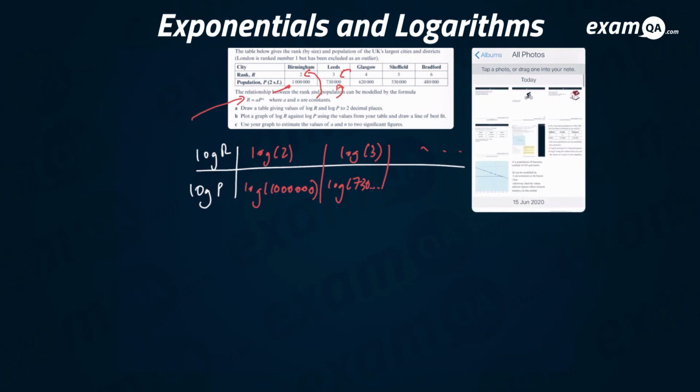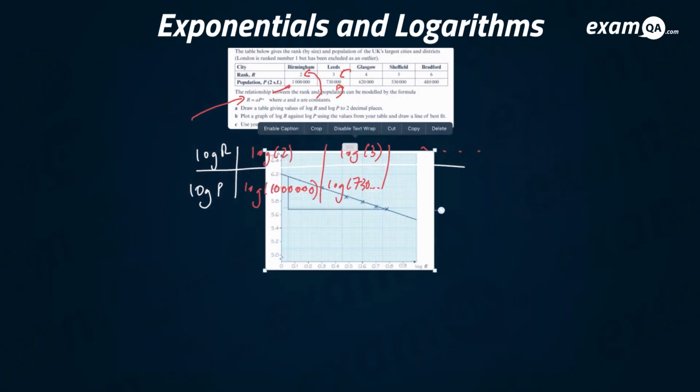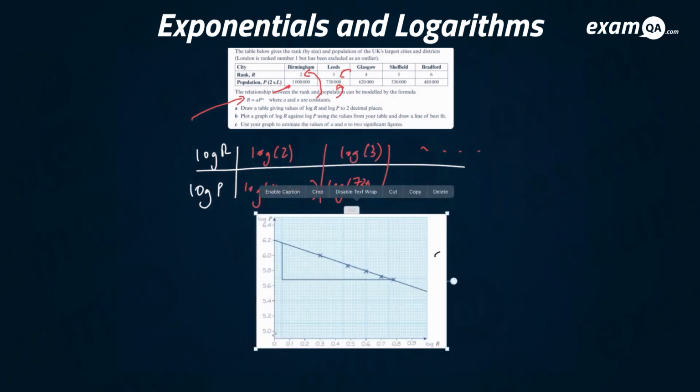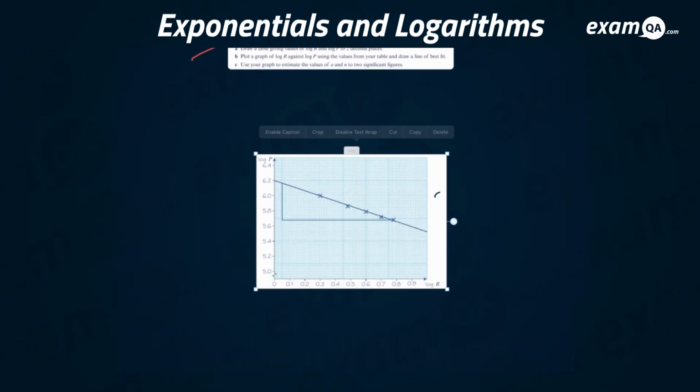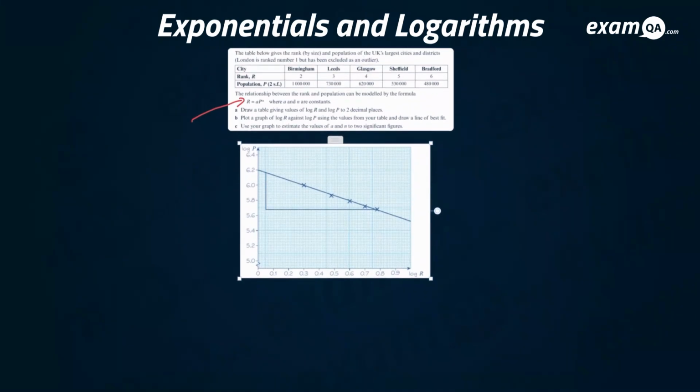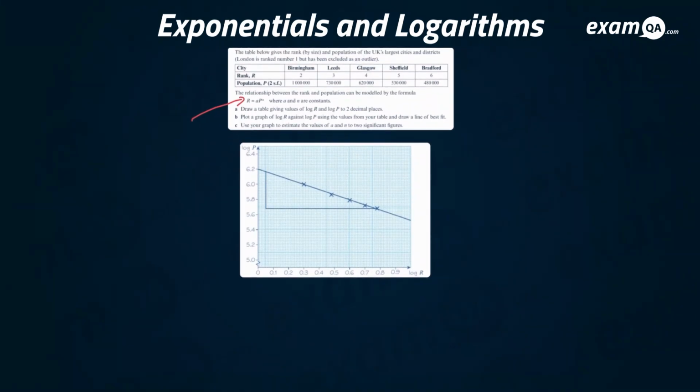So I already got a sort of picture of what that would look like, so I'm gonna just paste that in here, and just drag that up here. Let's say, so that's our part B done. We plotted log r against log p, and this is what it looks like.